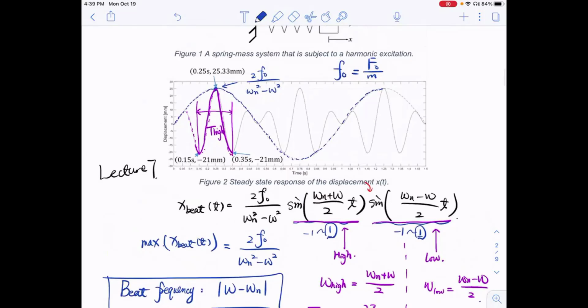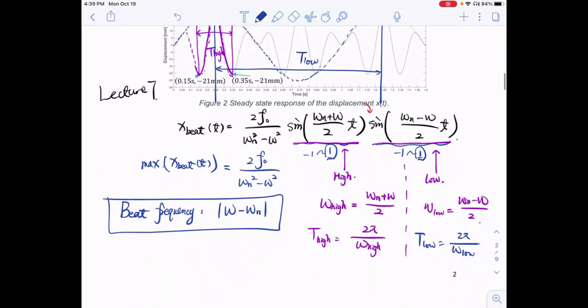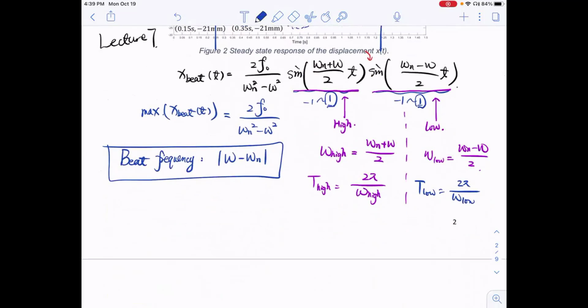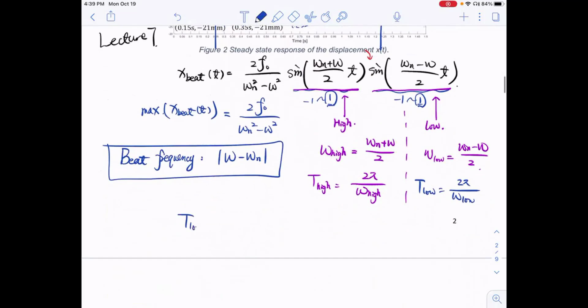If you look at these low frequency components, that is your T low. I think everyone gets T high. T low is 2 pi divided by omega n minus omega. Actually, we want the absolute value, so that you can find the two results.